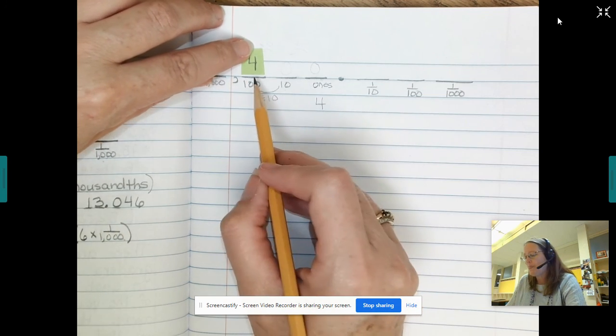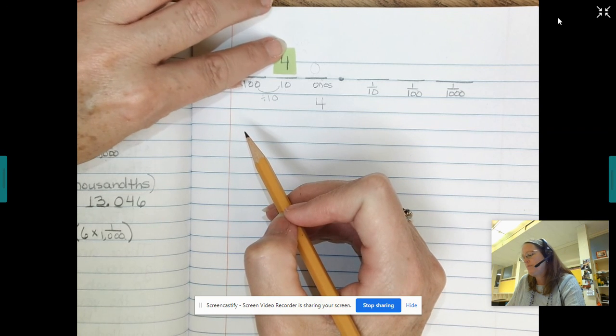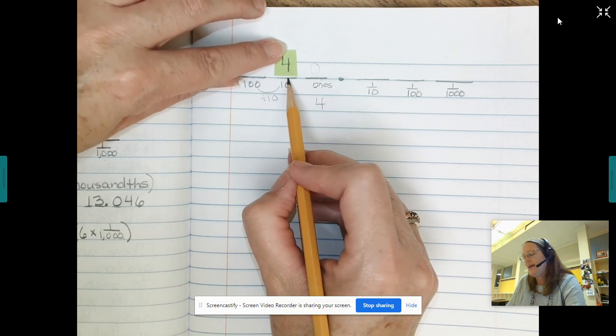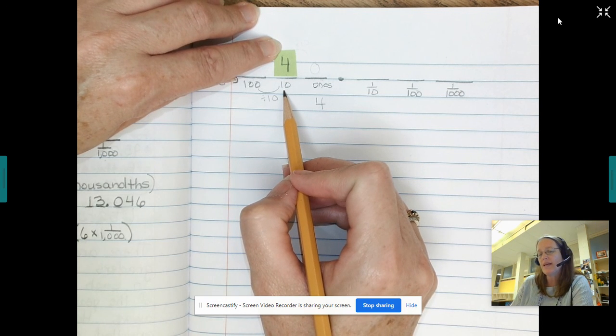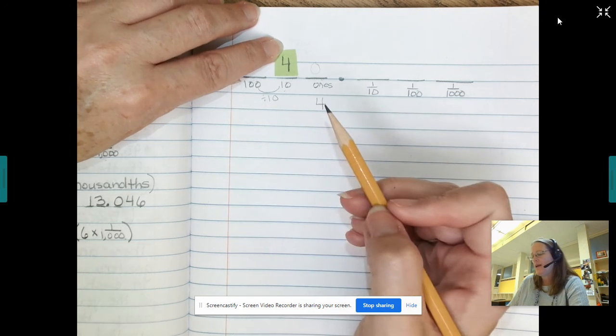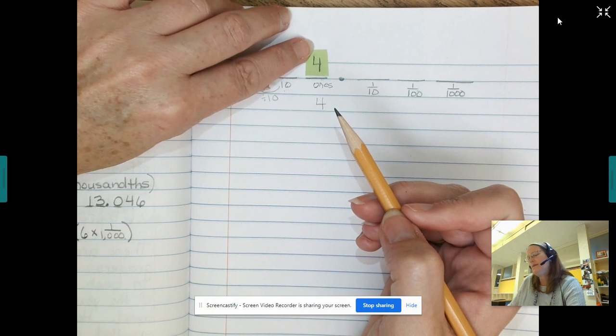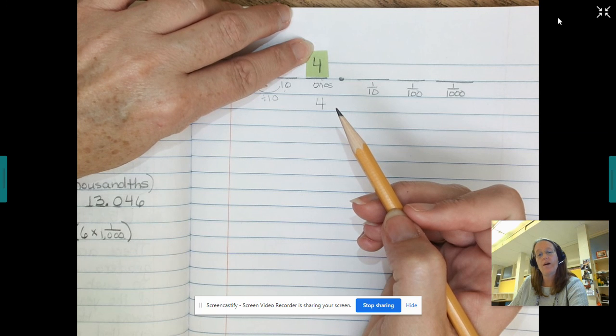So now 400, I've moved over, and now that 4 is in the tens place, and its value is 40. That's 10 times less than 400. And 10 times less than 40 is 4.